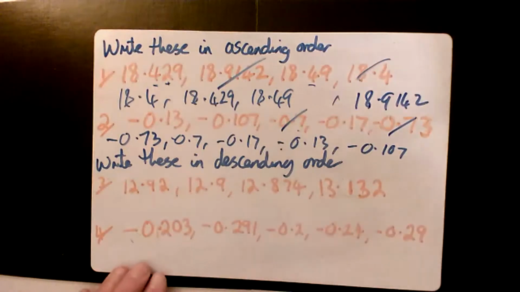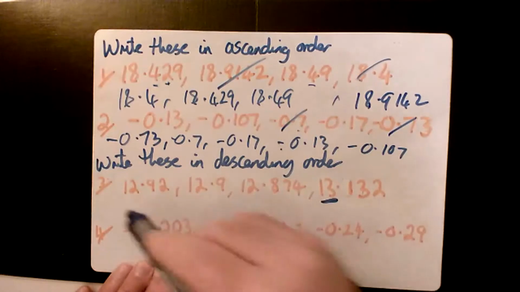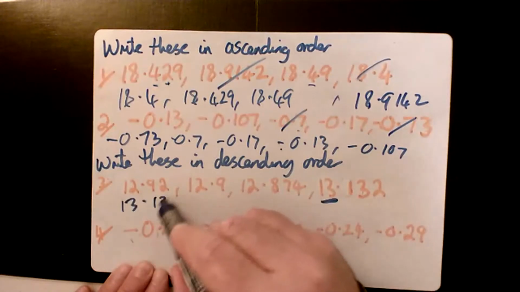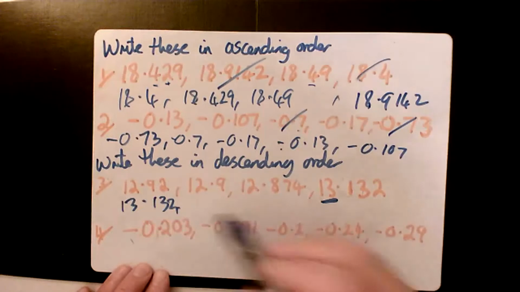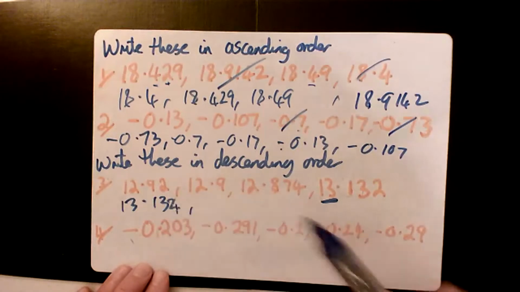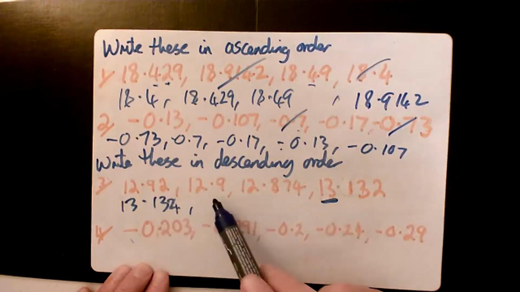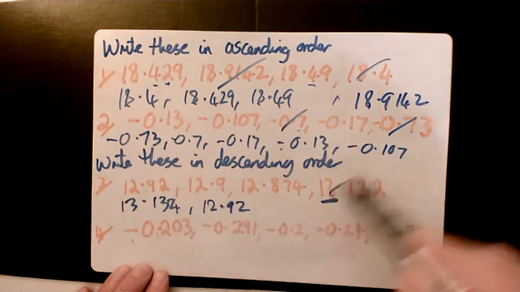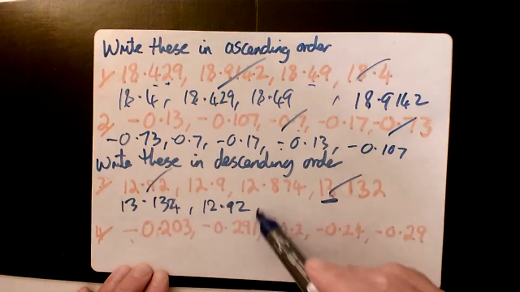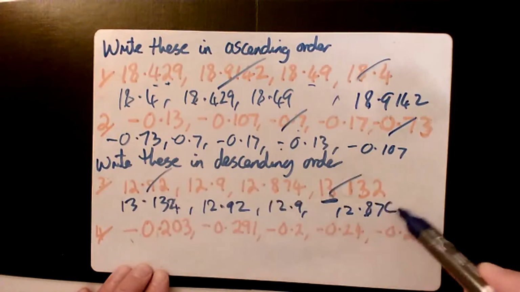Right, very quickly on these last ones. I probably should just write the answer straight in. So descending, the biggest, now this is the trick one with the 13, so 13.132 is the biggest. I wonder if anyone fell for that little trap. Then the next biggest is 12.92, then 12.9, then 12.874.